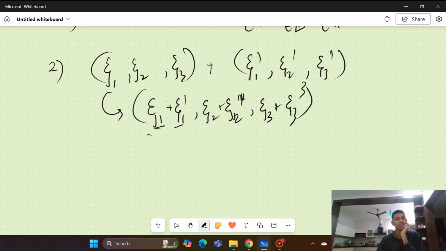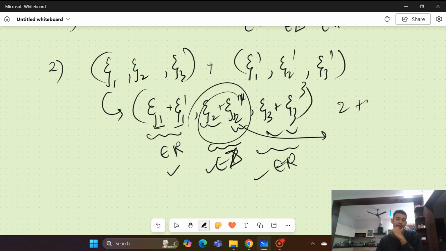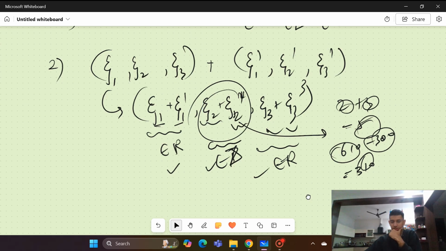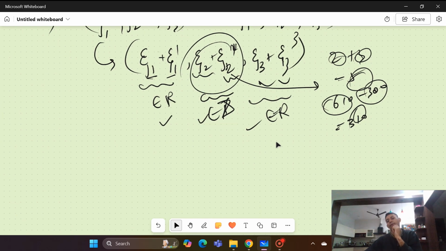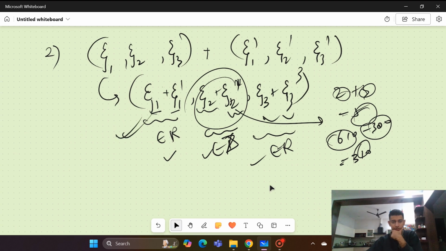If this is a real number and this is a real number, then the whole thing is a real number. So this is okay. If this is an integer and this is an integer, the whole thing is an integer. So this is still okay. An example could be if you add 2 and 3, it still gives you 5. If you add 610 and minus 300, it still gives you 310. You can take whatever integers you want and add them together, and you'll always get an integer. So you can say that addition is closed under the set of integers. And so this works. It is still closed.